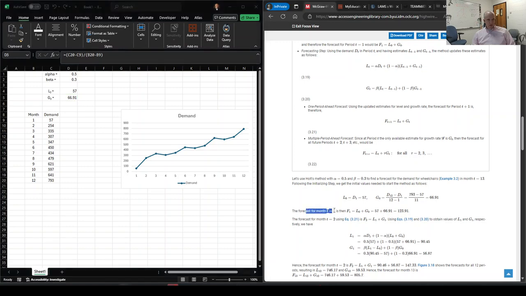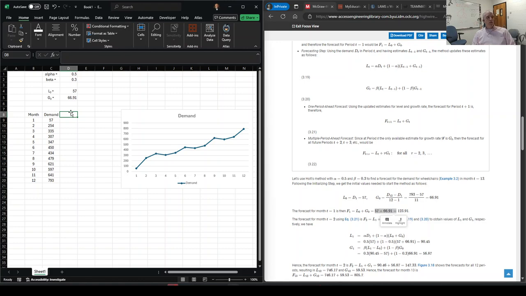Now we can forecast for month 1. That forecast is going to be adding the 57 plus the 66.91. What we're going to do, though, is add those two together for every month. I started up here with the zeros just to give us a pre-month 1 number.